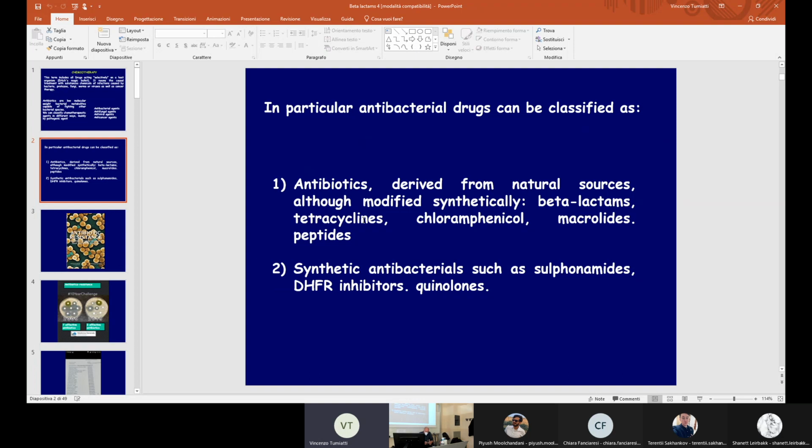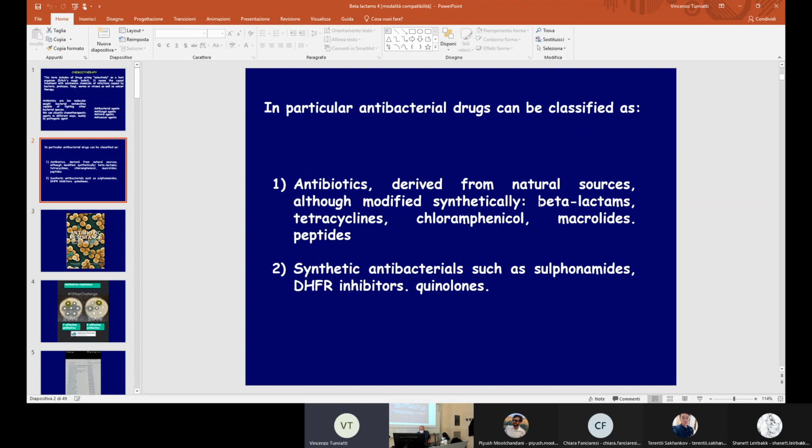Antibacterial drugs can be divided in two main groups. The first one is represented by natural compounds. These natural compounds can be modified in a lab. So we can start from a natural compound and then modify it in order to increase its potency.